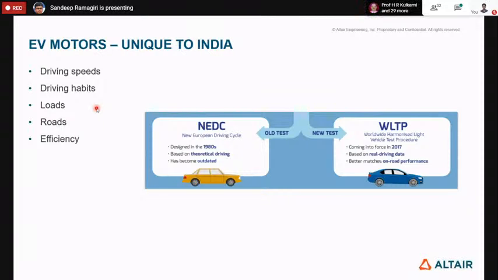But I think the Indian government is also going to adopt WLTP for the electric vehicle. This WLTP is coming from real test data, and it's better, when we design a motor, to test it with WLTP. So this is what I propose.